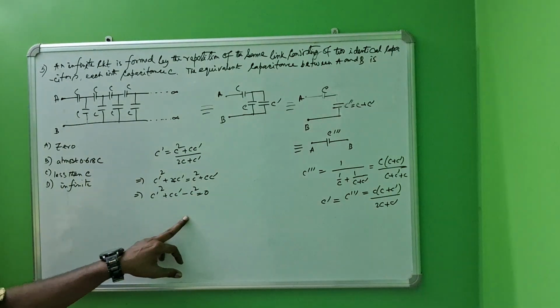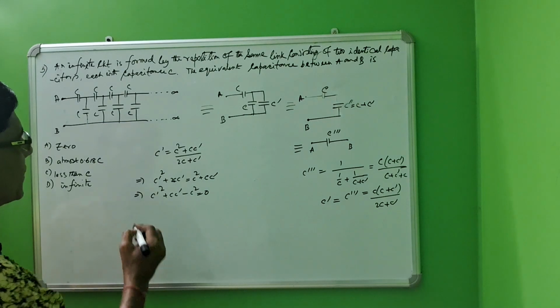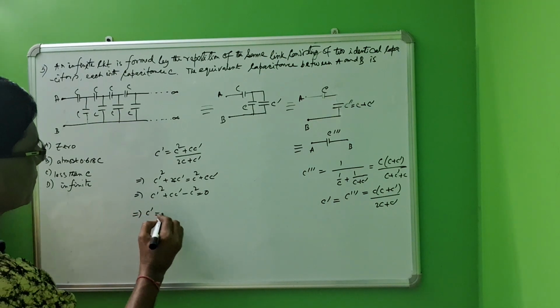which is a quadratic equation from which you can get C dash equals to.